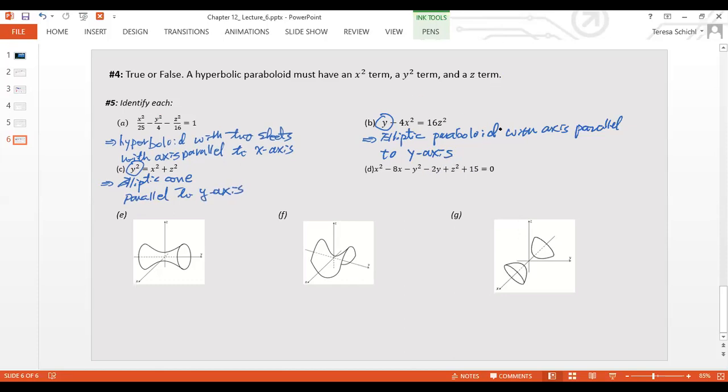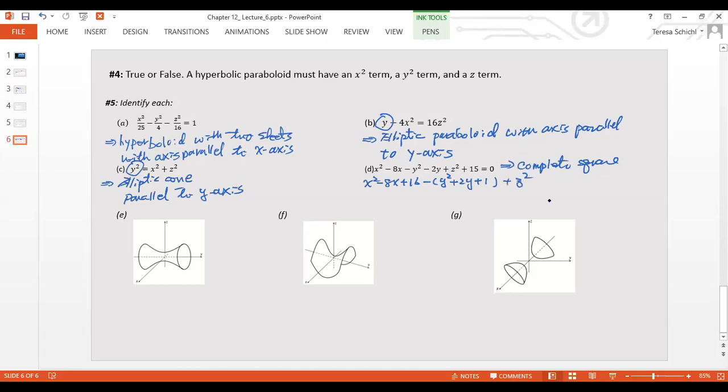Okay, now for part D, they ask what is this one here? The first thing I say is, I need to change it to some quadratic form, like we did before. So what do we need to do? We need to complete the square. So this is x squared minus 8x plus 16, minus y squared plus 2y plus 1, and plus z squared.